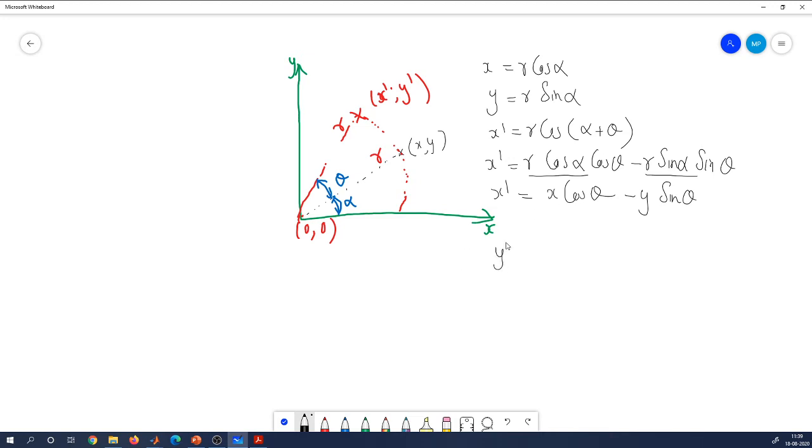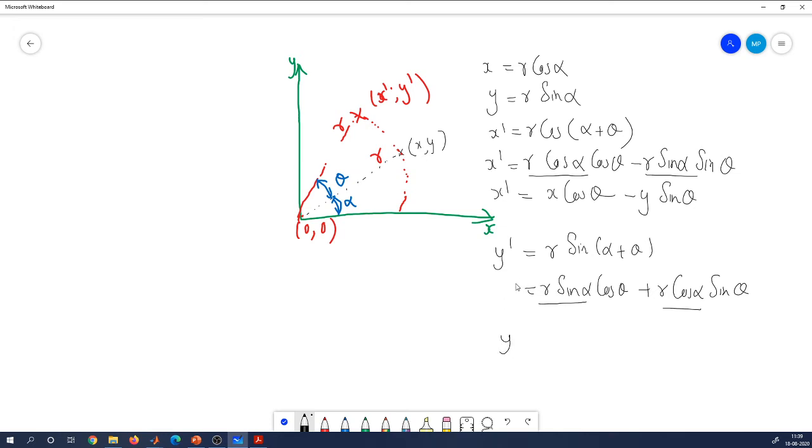Similarly, let's do it for y dash. y dash is basically r sin of alpha plus theta, which expands to r sin alpha cos theta plus r cos alpha sin theta. Nice representation. Again, I know r sin alpha and r cos alpha.